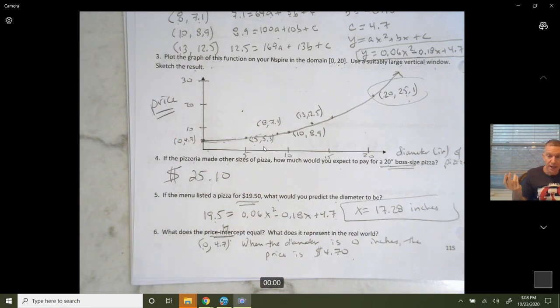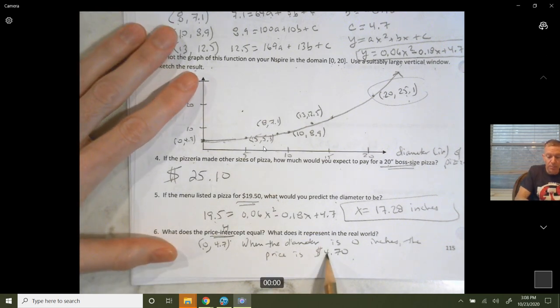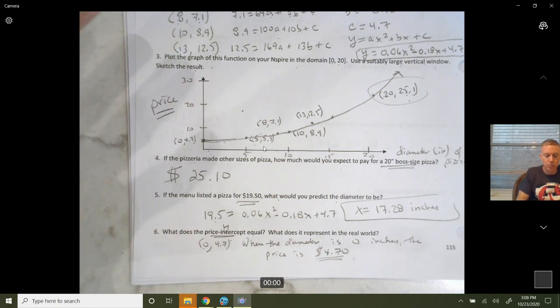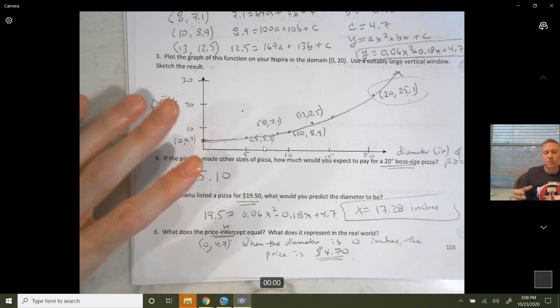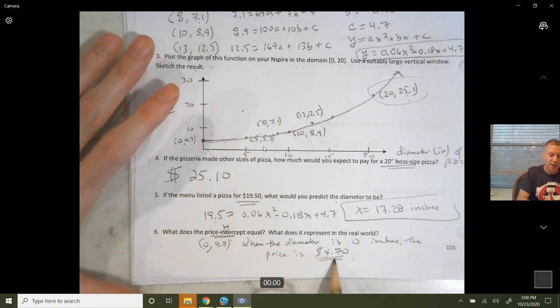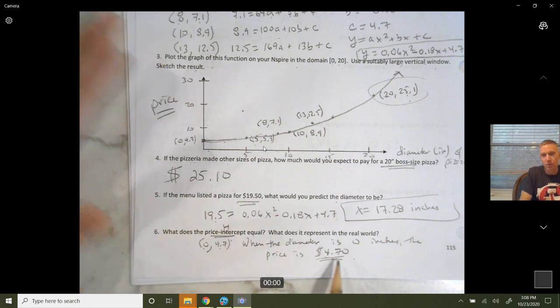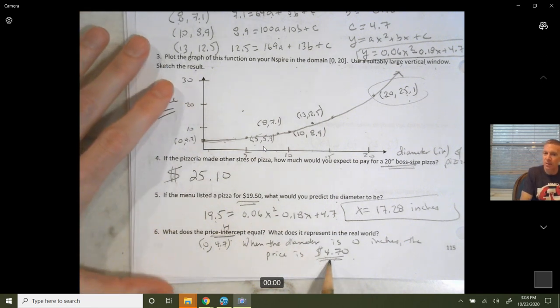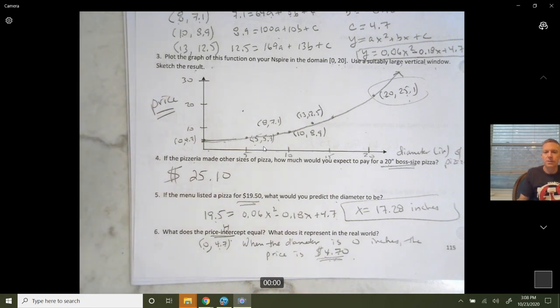Okay, so what does that mean in the real world? Well, I don't know. It's hard for us to know, but that could be a base amount that you're going to pay to order any pizza off the menu. Maybe that's the cost they need for the pans and the labor and the oven. Maybe that's a base amount before you even get a size of a pizza. Or if you're ordering over the phone, maybe that's a delivery cost. We don't quite know how their cost is set up.